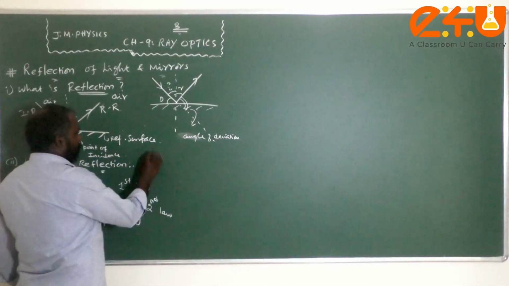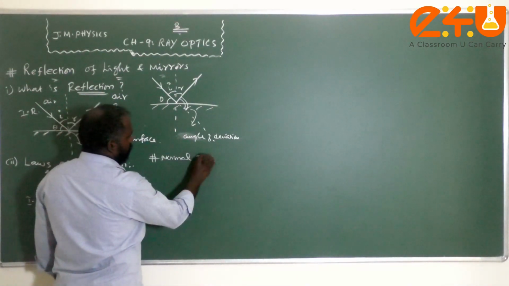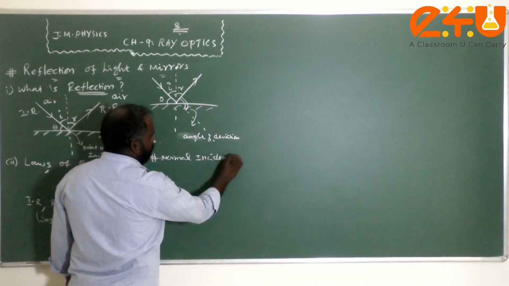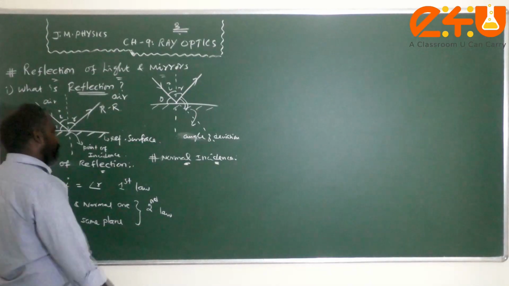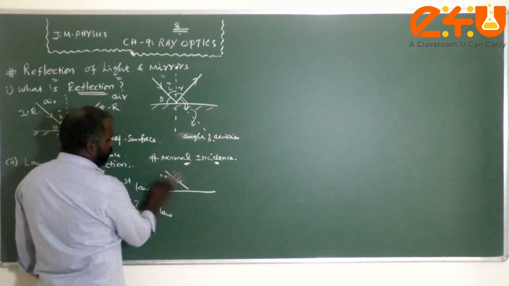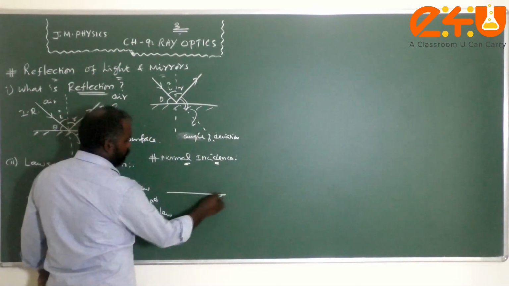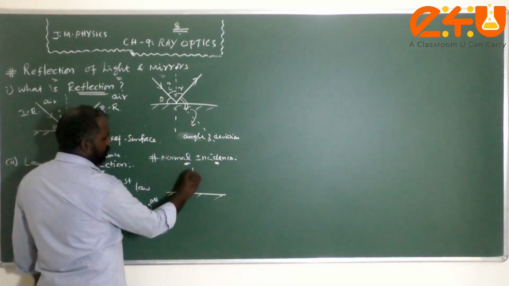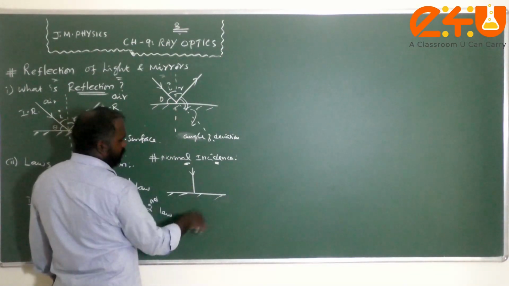And as we said earlier, what is normal incidence? We already discussed that in the previous video. Briefly, if the incident ray is perpendicular to the reflecting surface, then it is parallel to the normal.